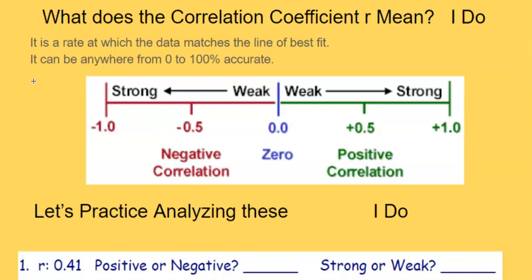And then if you have a number between -0.5 and +0.5, that is a weak correlation. So the closer the number is to 0, the weaker it is. And then the further away from 0 it is, the stronger it is.